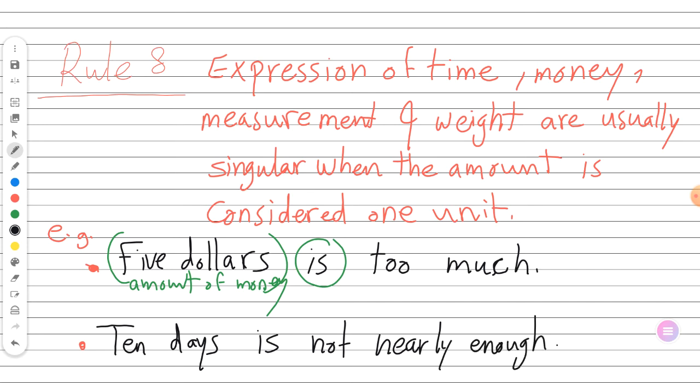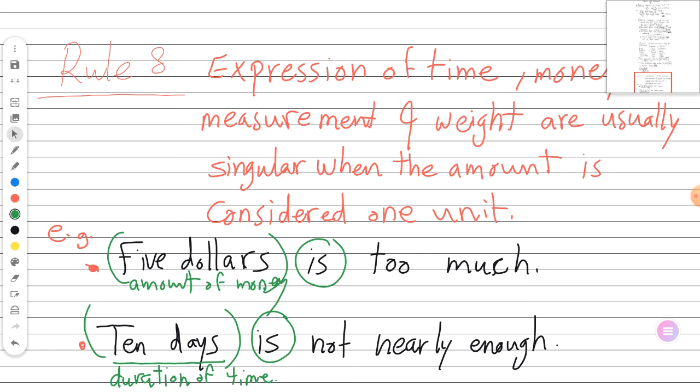Shouldn't I say 10 days are not enough for me? Wait, here I'm dealing with 10 days as if it was one unit, and I'm saying this duration of time is not nearly enough for me.